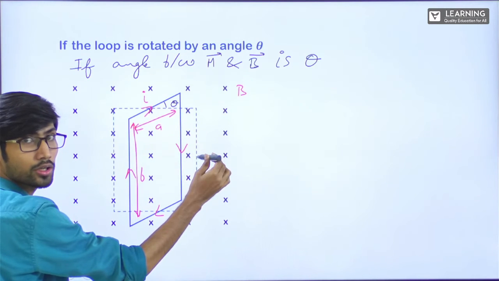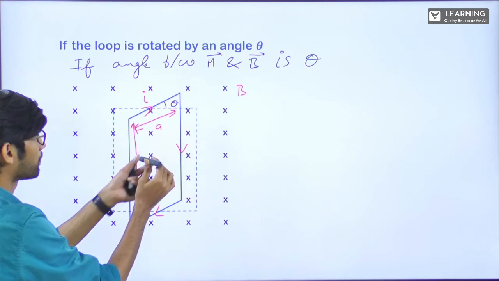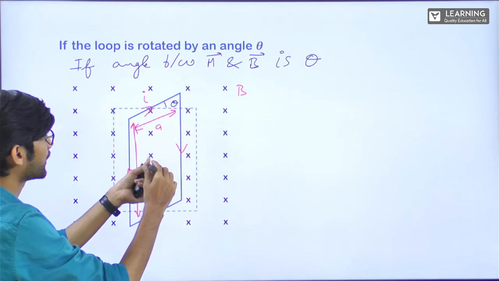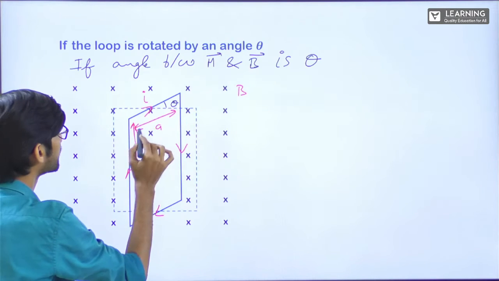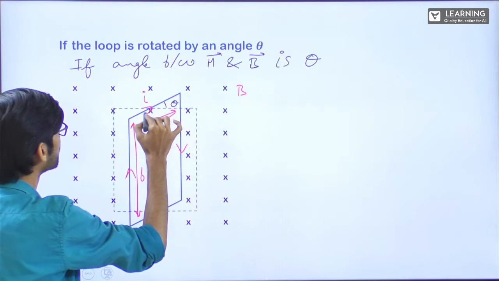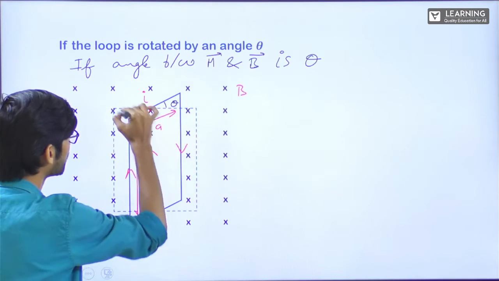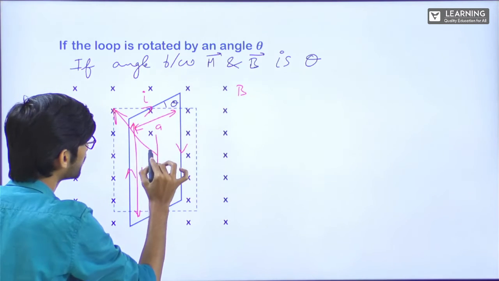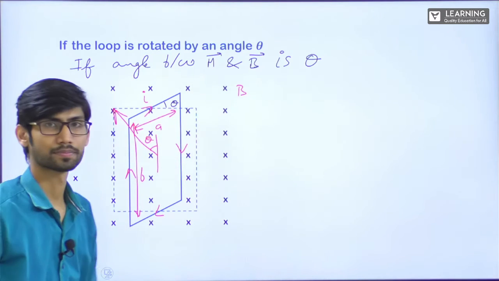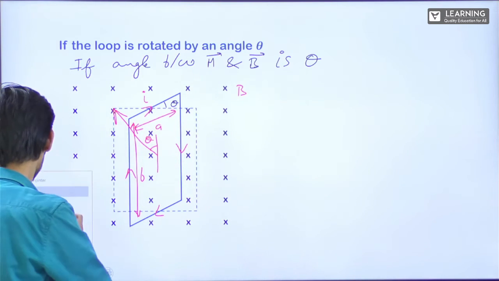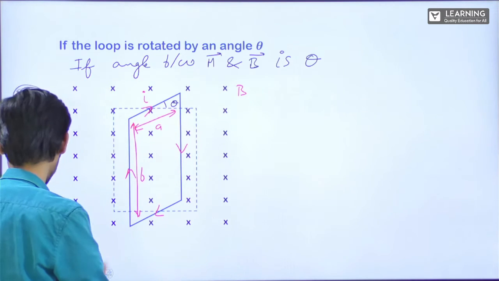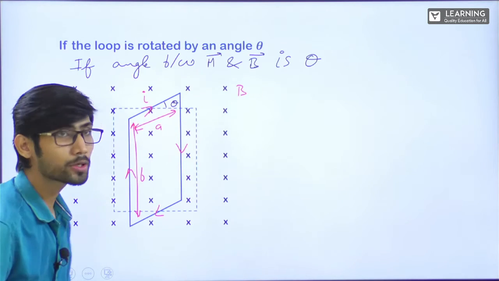Earlier it was like this, now it will be like this. Seeing perpendicularly to this plane, M vector will be somewhat like this, also rotated by angle theta. Got the point? So if our loop is rotated by theta, M will also be rotated by theta.